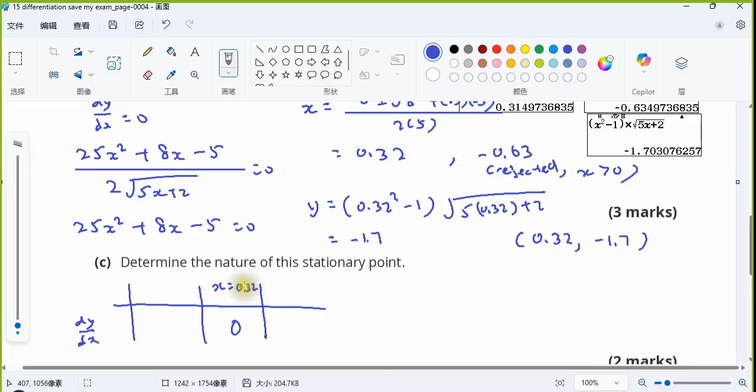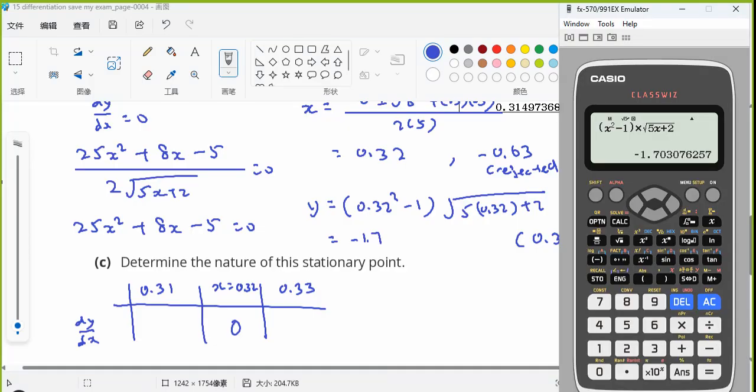So after 0.32, I can just use 0.33, and before it is 0.31.